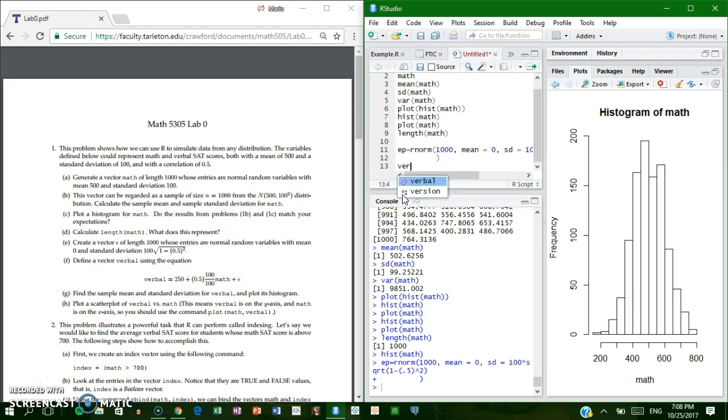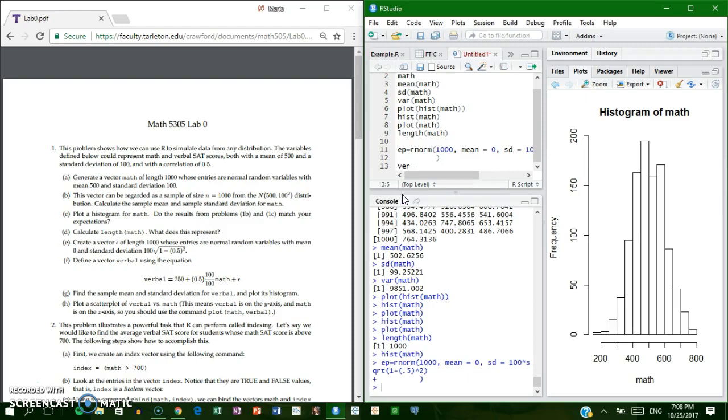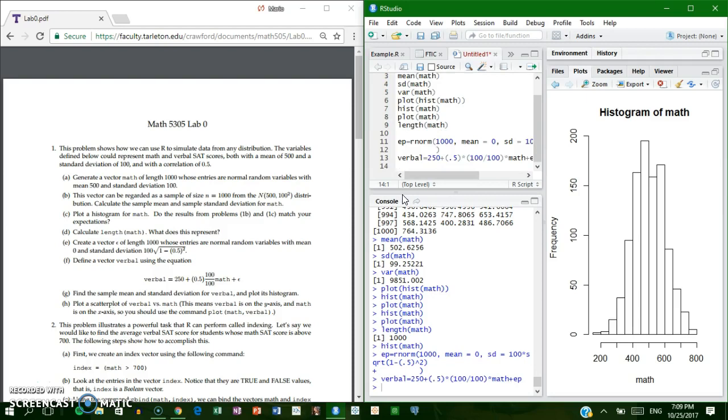We'll call it verbal, which is equal to 250 plus 0.5 times 100 over 100 times the vector math, plus epsilon, which we called EP. Then press Control Enter.